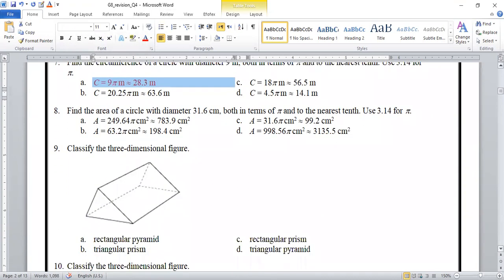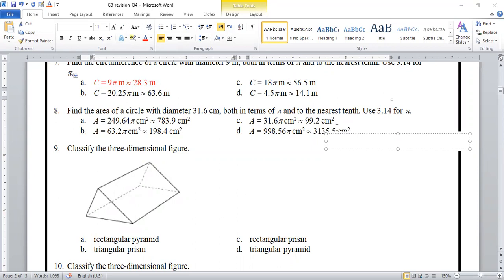Number 8, find the area of a circle with diameter 31.6, both in terms of pi and to the nearest tenth. We know that the area of the circle equals pi r squared.